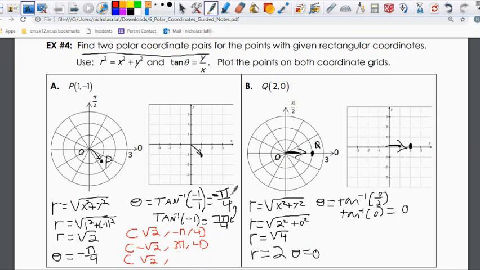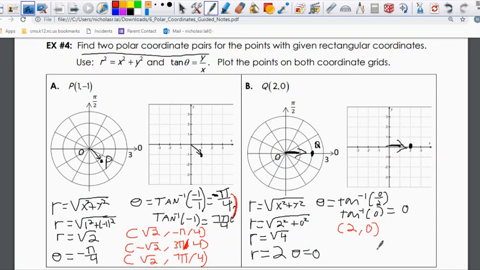And remember, we said these are equivalent. So it makes sense that 7 pi over 4. Here we have coordinates of r is 2, theta is 0.